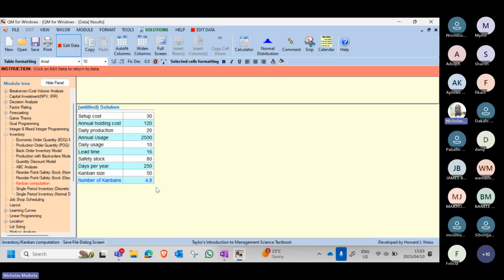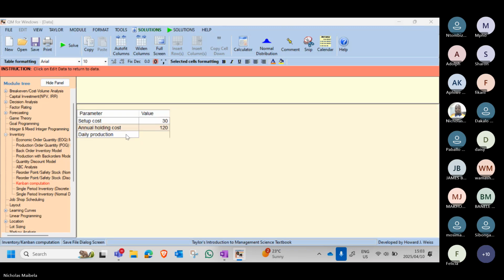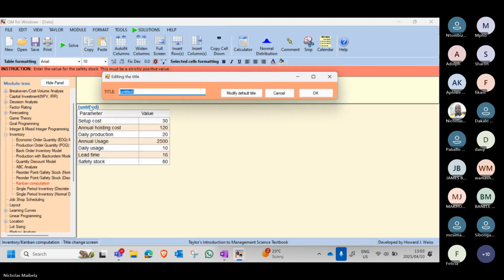That's our solution. What do you do with this solution? Apologies, I forgot to write my title. At times it allows you to edit the title, at times it doesn't. So it's best to always edit the title.